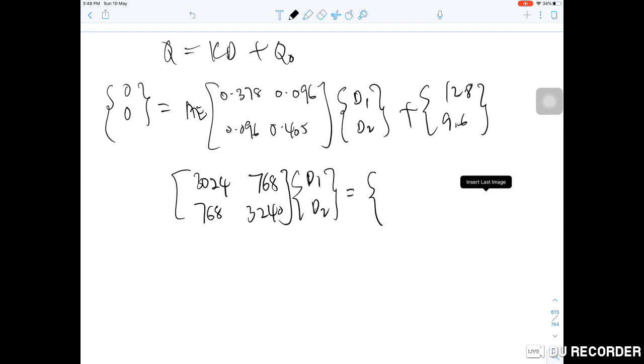It's 0 minus 12.8, negative 12.8, and 0 minus 9.6 is negative 9.6.